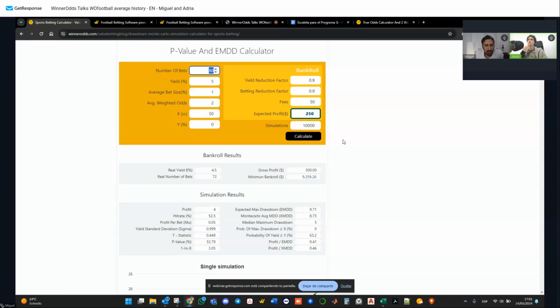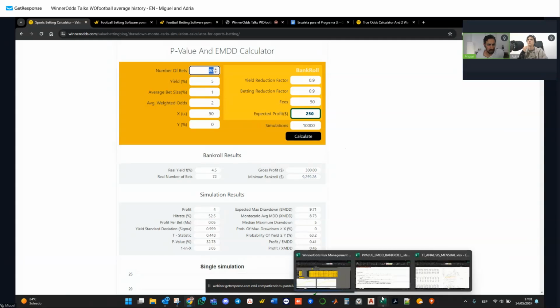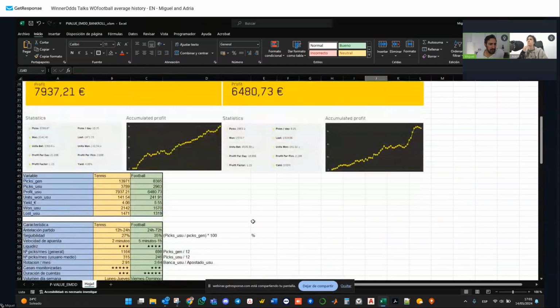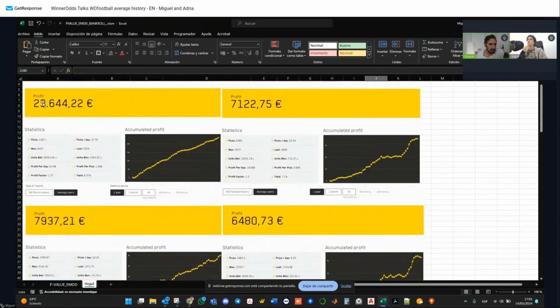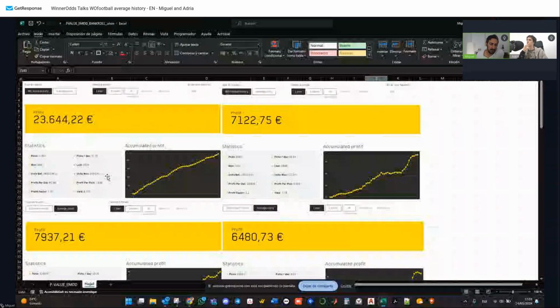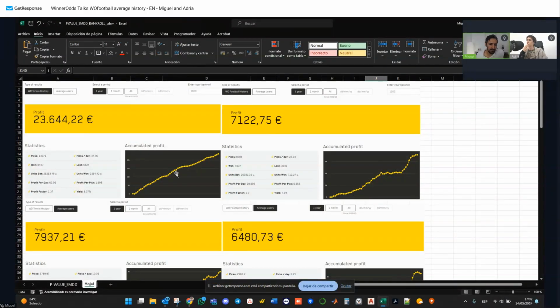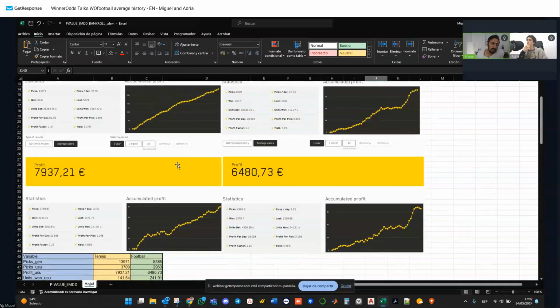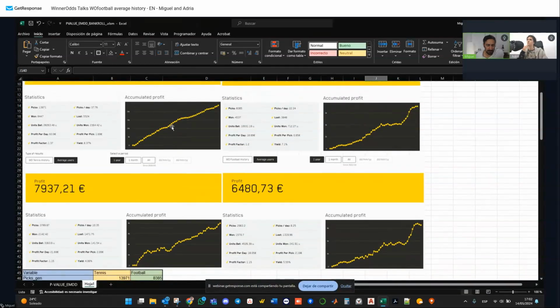Okay, and now I will use this for WinnerOdds statistics. So what I see, for example, is here, when I compare the general statistics, the WinnerOdds tennis history, made by the first bet placed by a user, or the odds that the first user has placed, and this is the average user.